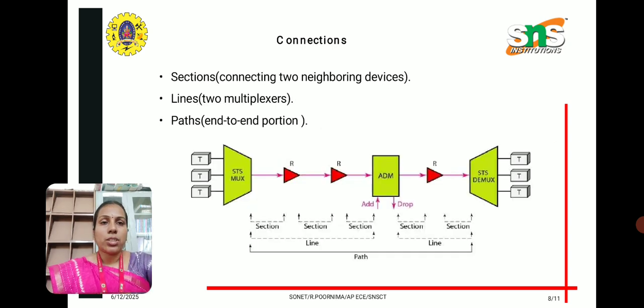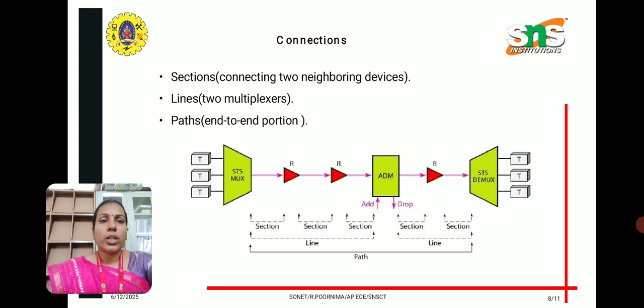And what are the connections? We have seen this diagram already. In this we can see intermediate connections, like sections, lines, and paths. The connection between two neighboring devices is known as a section. We can see that from the STS multiplexer to R, the regenerator, is a section.